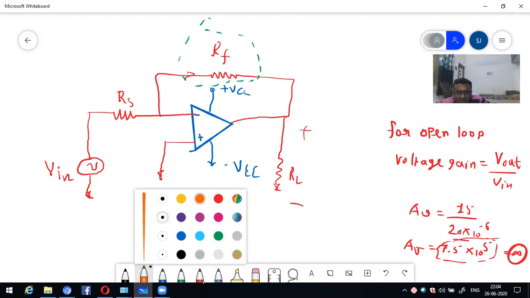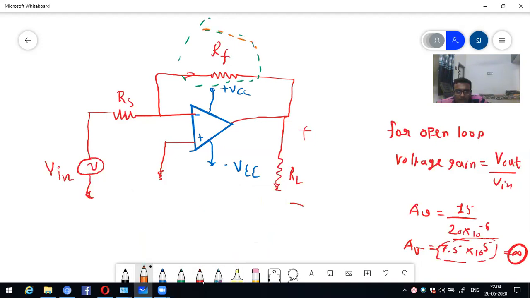This feedback resistor introduces the negative feedback. See this, my different color pen dot marking. This introduces the negative feedback. So gain is reduced from 10 raised to 5 to 1, 2, 3, 4, like that a constant figure.